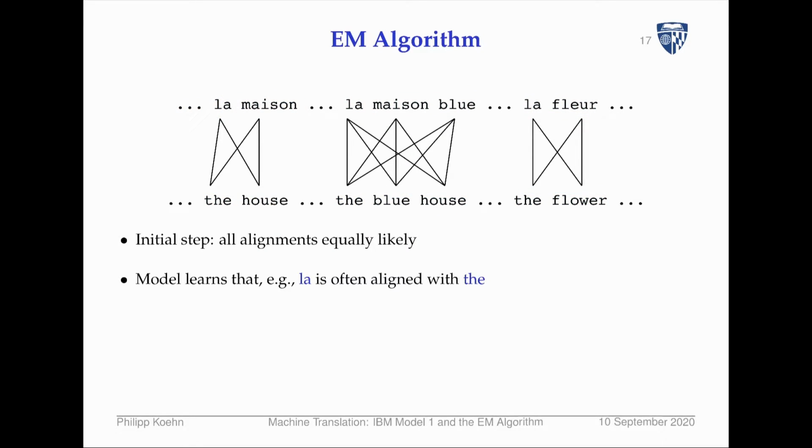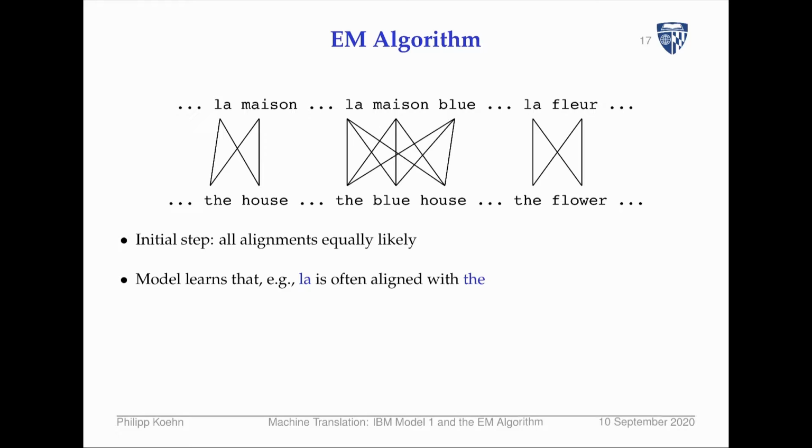So in the initial model, all the probabilities are equally likely. We're just going to come up with a uniform model that says any word in the English vocabulary is equally explainable by any word of the French vocabulary.